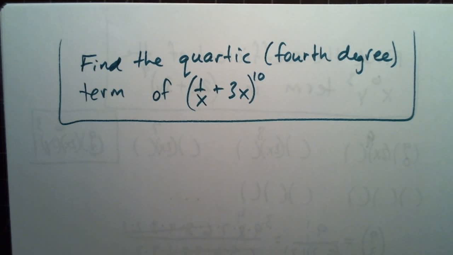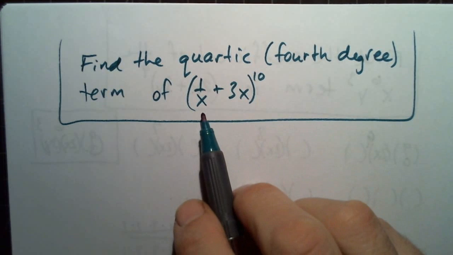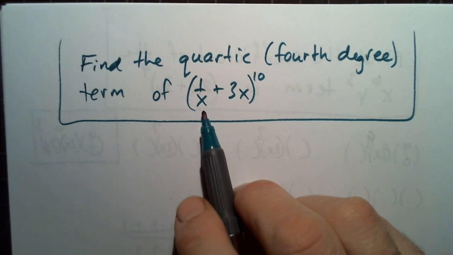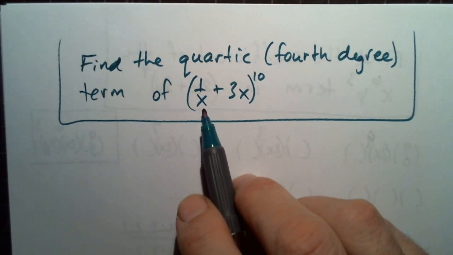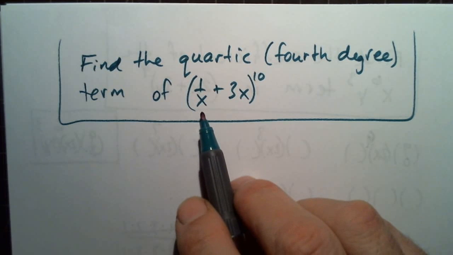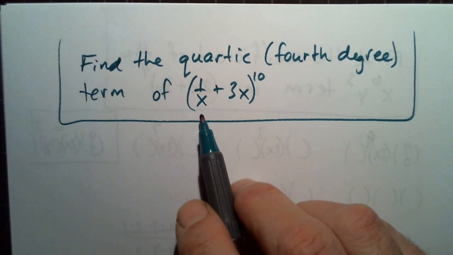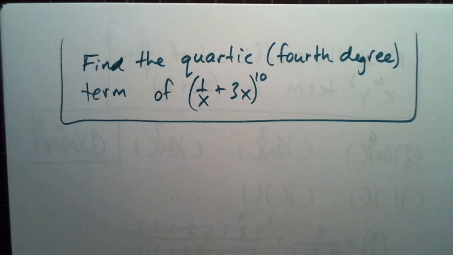So here it's saying find the term, and we have to be careful because since there's an x in the denominator, then this is going to be reducing the degree of each of the terms. So just start expanding this and pause the video to try that one.